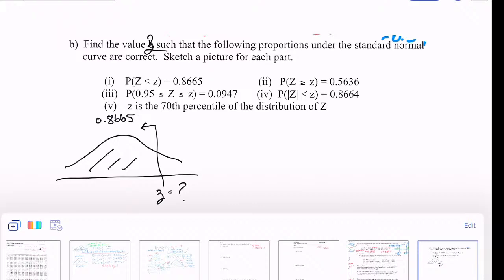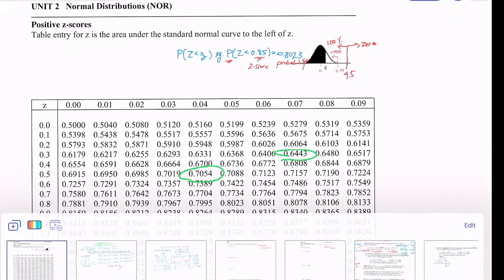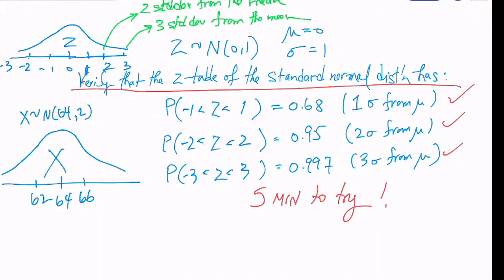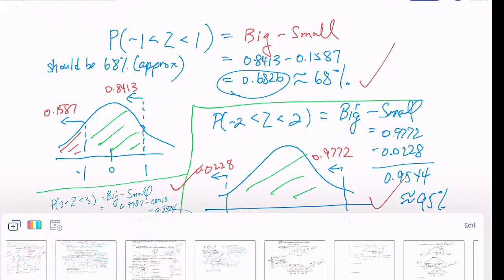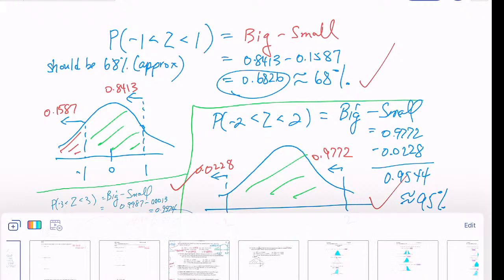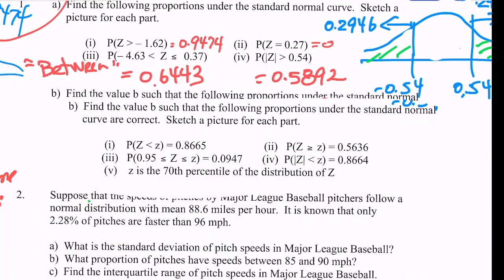So I go inside the table and look for the number, as opposed to along the margin. I don't look here for the number. I look inside for the number. And the number was 0.8665.